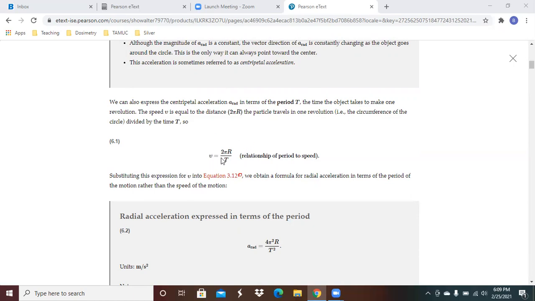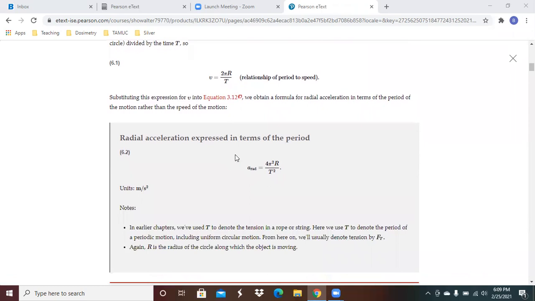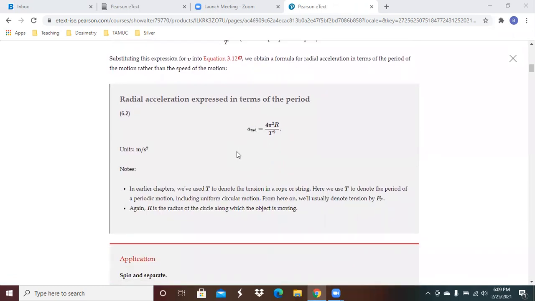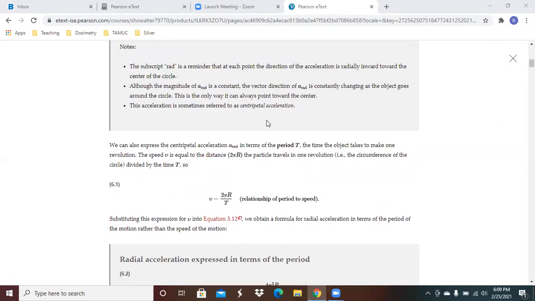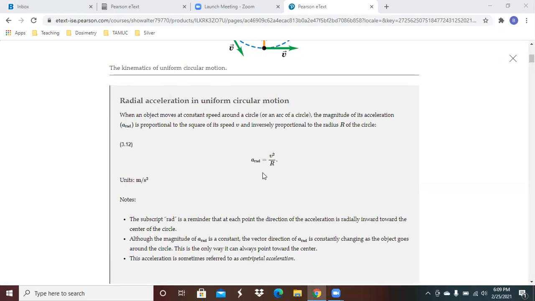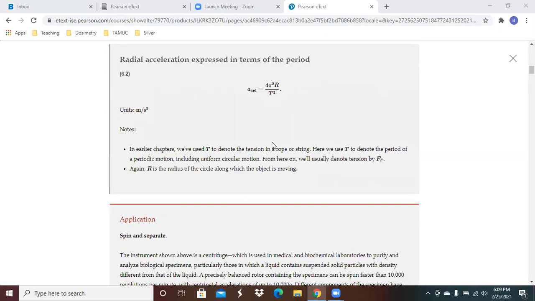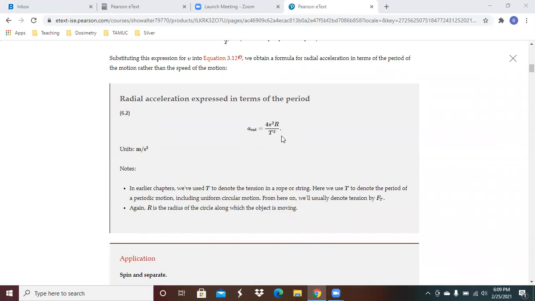We know that's the velocity. And we also know that the amount of time that it takes is going to be the measured period. We can get a measurement of that. So when we put this in for what we see over here, then we find out that the radial acceleration is going to be 4 pi squared r divided by the period squared.